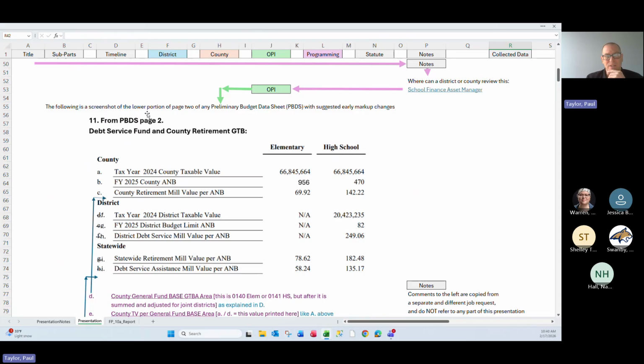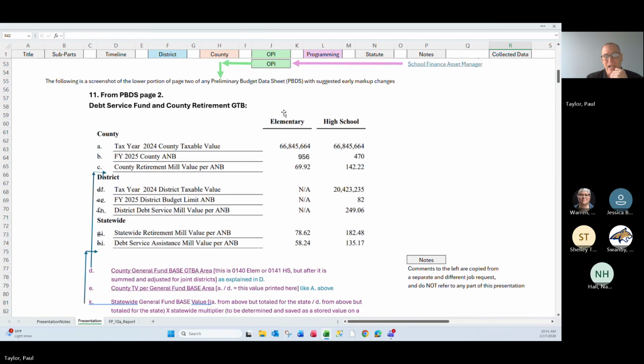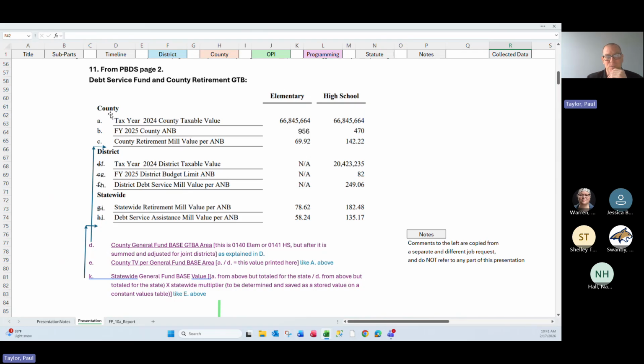It says the following is a screenshot of the lower portion of page 2 of any preliminary budget data sheet. We produce these by county. And this is what has currently been written there. And what we've suggested is we would modify this area to also include this new calculation for House Bill 156.